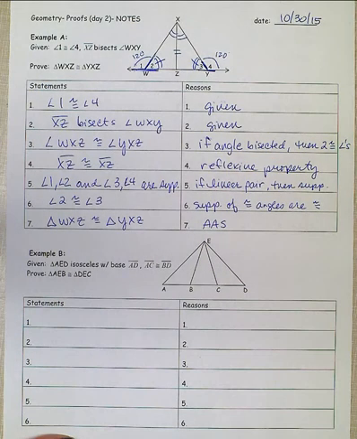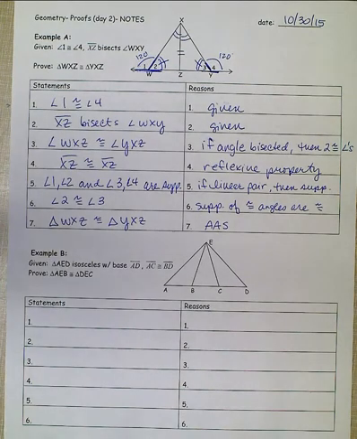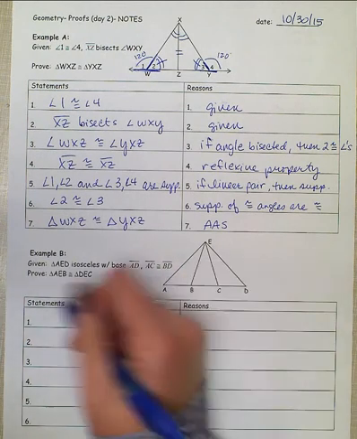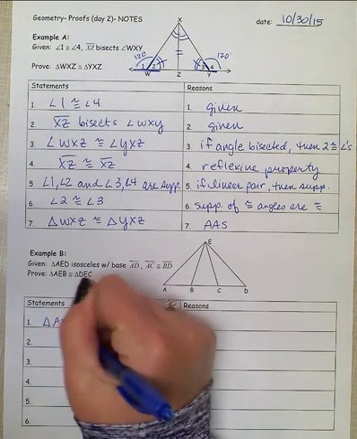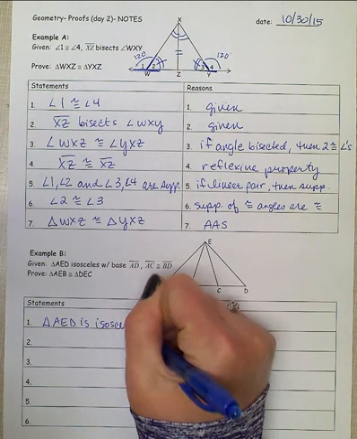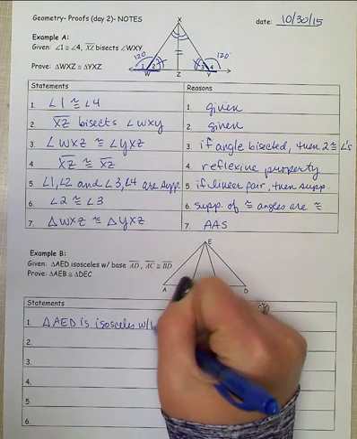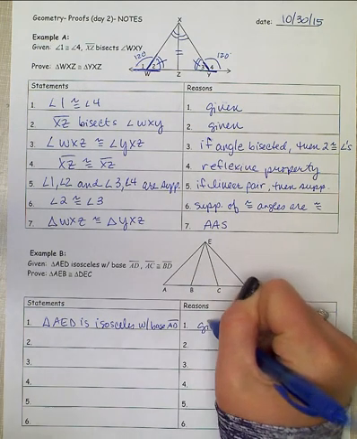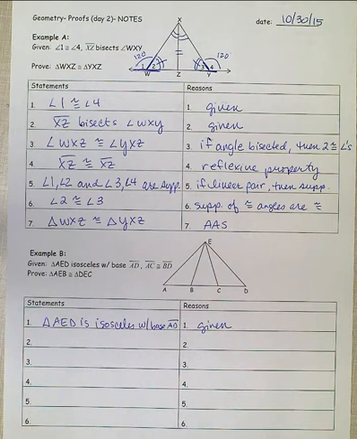Okay, we're getting really fancy, kind of quick here. Here we have triangle AED is isosceles with base AD. Given. So remember, what does an isosceles triangle give you?